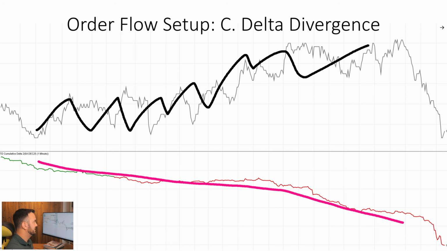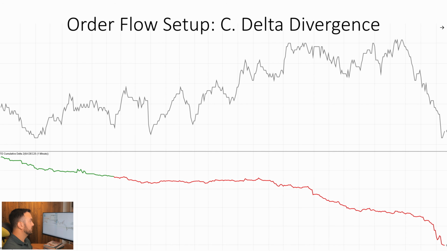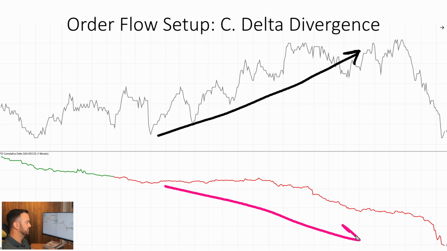What you want to see is divergence between those, because very, very often, most of the time, they move in tandem, they move the same way. But if they don't, then it's a divergence. And remember this, price follows delta. So if in this example the price goes up, at the same time the delta goes down.